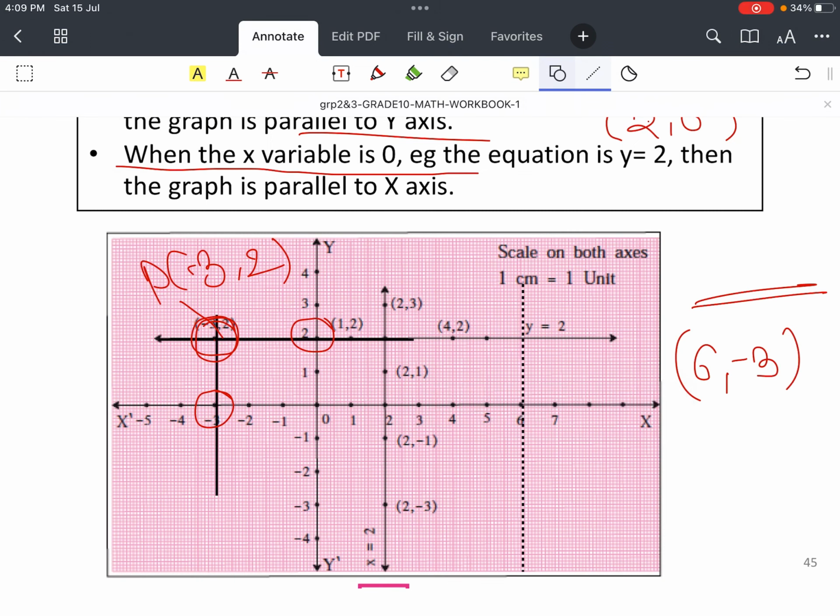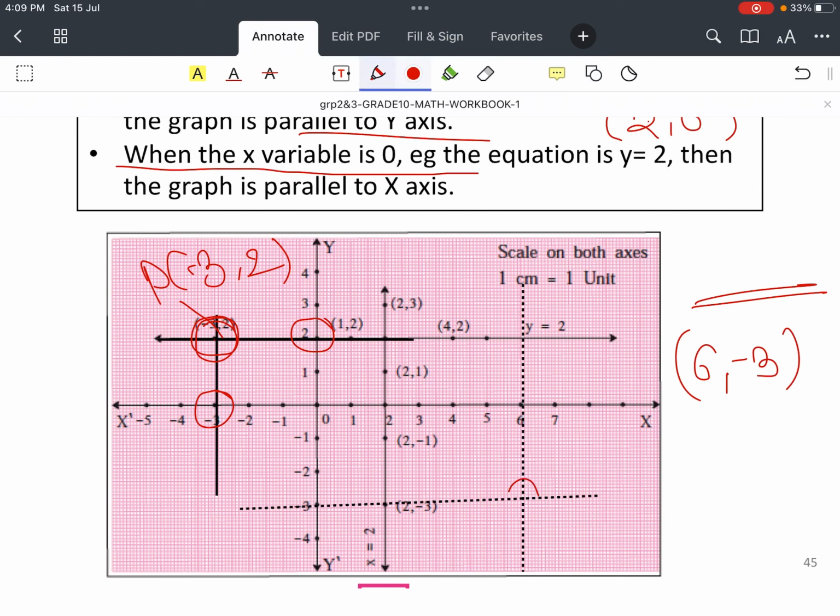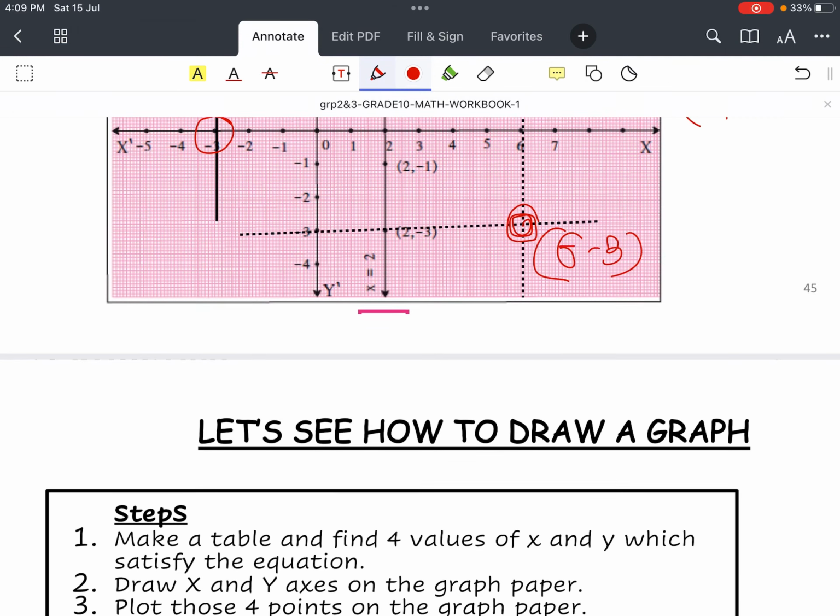Then minus 3. Once again draw a horizontal line from minus 3. Okay, so let's assume these two lines intersect over here. So this point we call 6, minus 3. Clear? So likewise we have to draw a graph of a given point. Clear? Chalo.